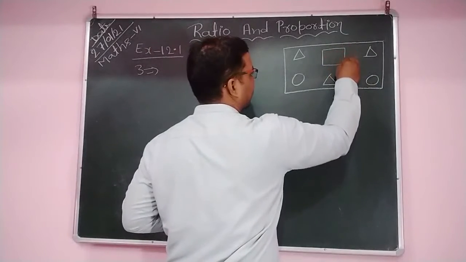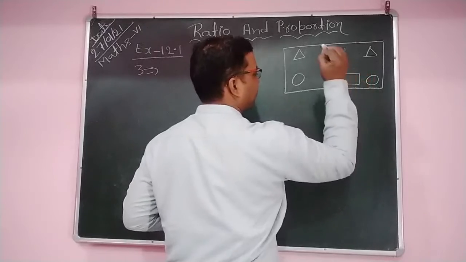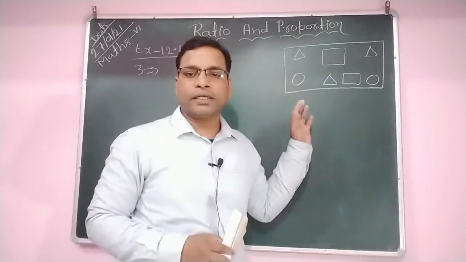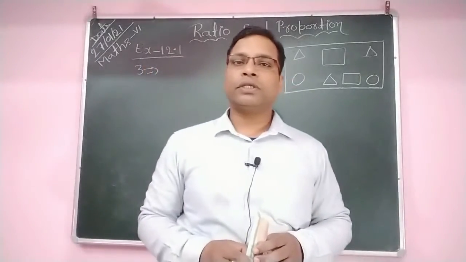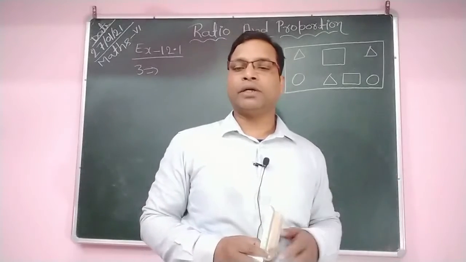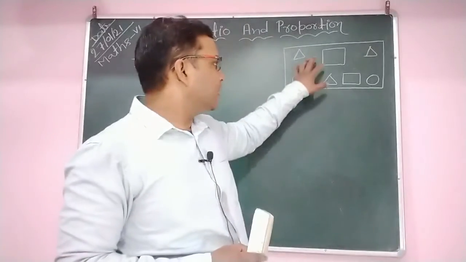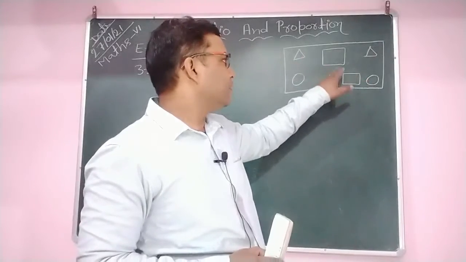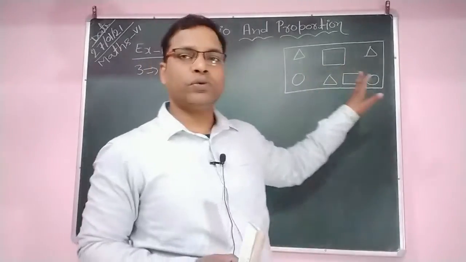Suppose this is a square and this is also a square. So inside the rectangle, how many figures are given? The question tells us to see the figure and find the ratio of the number of triangles to the number of circles inside the rectangle. Inside the rectangle you can see the number of circles, squares and triangles: 1, 2, 3 triangles, 2 squares and 2 circles.